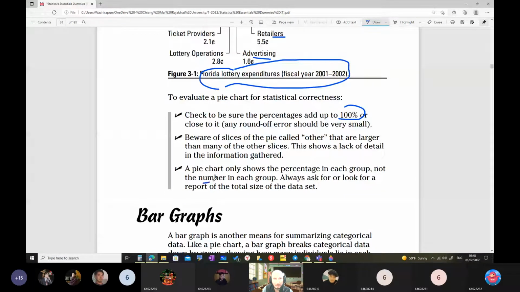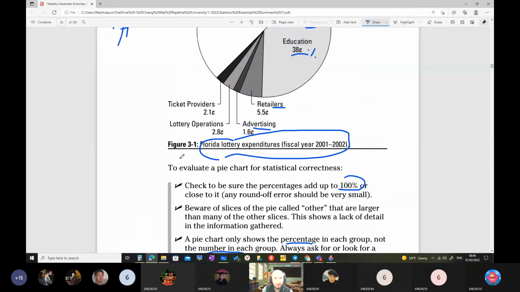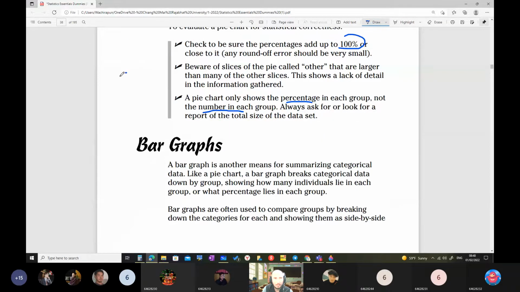Okay, it's not the number in each group. It's just percent. We don't know, right? So for example, Rajapat University students, we can say 50% Thai, Chinese, other.